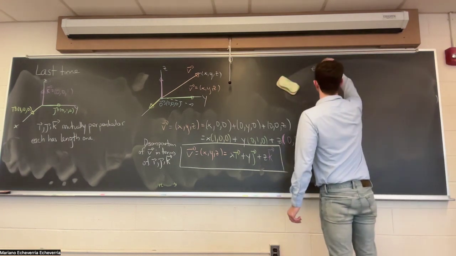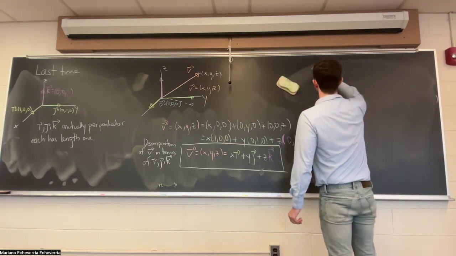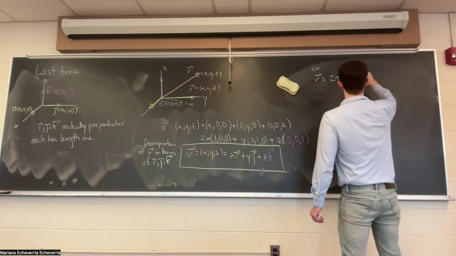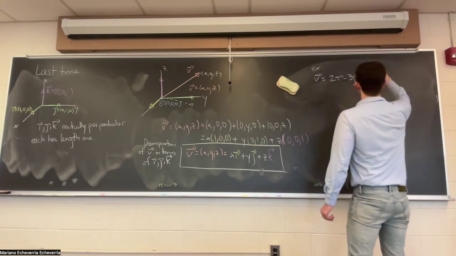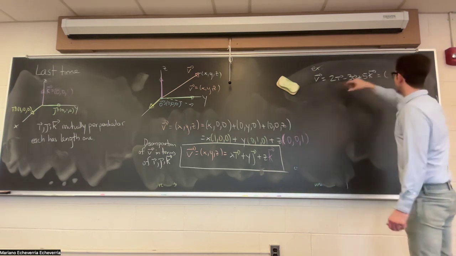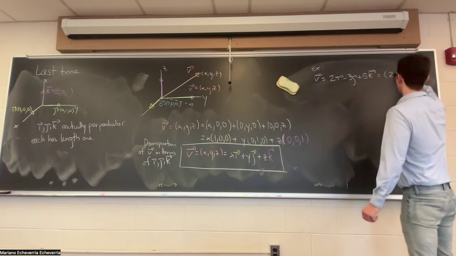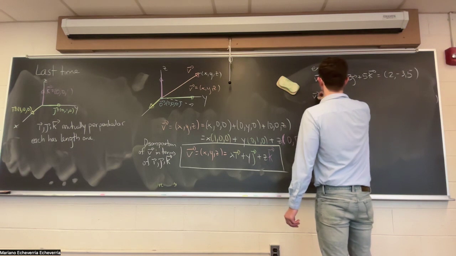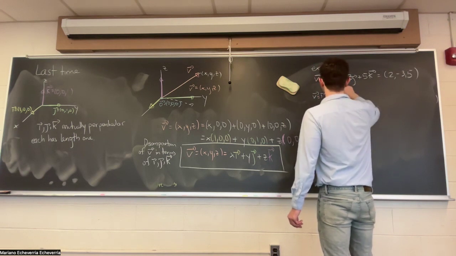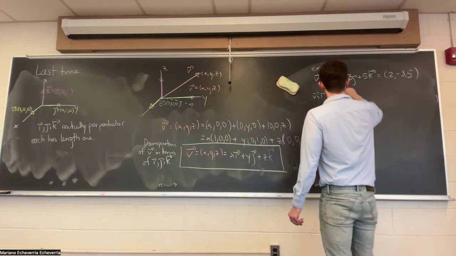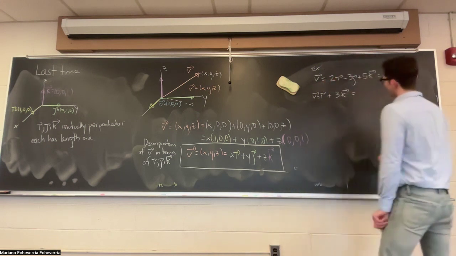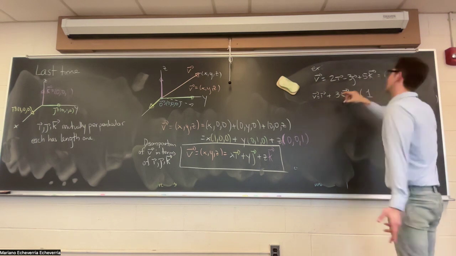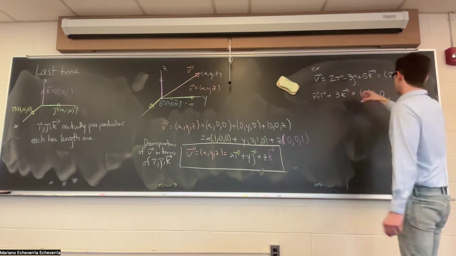Just to give you two quick examples. If someone writes, consider this vector 2i minus 3j plus 5k, what do they mean by that? They just mean the vector that goes from the origin to the point (2, -3, 5). Or if someone says, consider a vector i plus 3k, well, the number multiplying i is 1, the number multiplying j is 0, and the number multiplying k is 3.